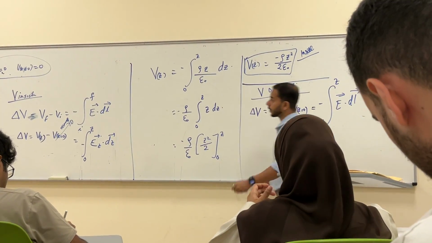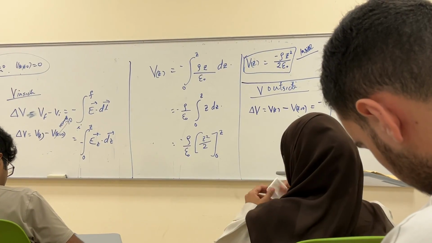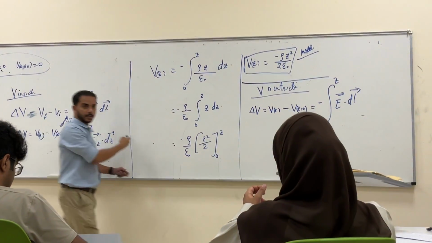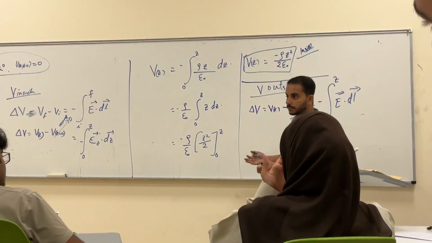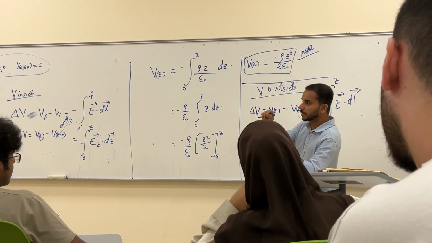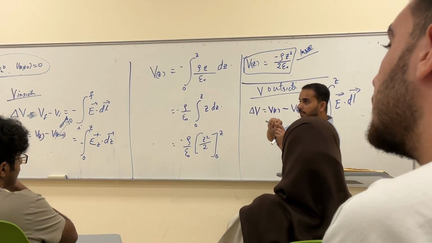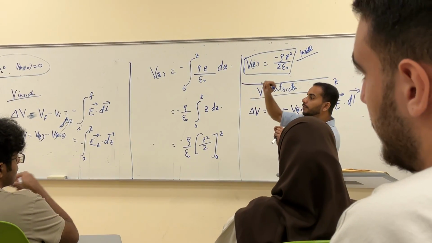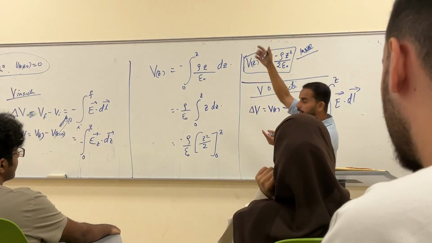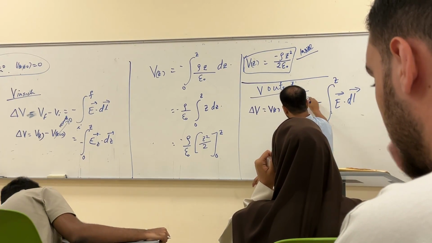I wanted to go all the way from the 0 point to any point outside, so I have to include the inside potential also. My reference point is 0, which means I will have some potential until D by 2 due to the inside electric field, and then from D by 2 to any point on Z, which is due to the outside. So I can split this integral.